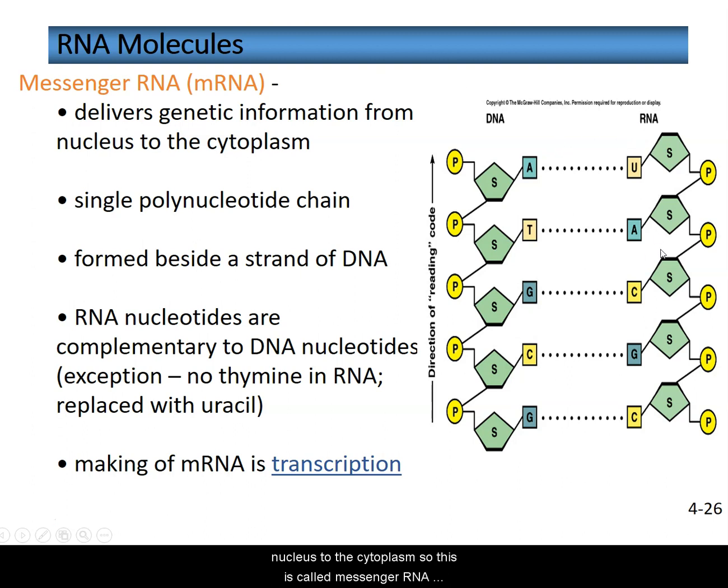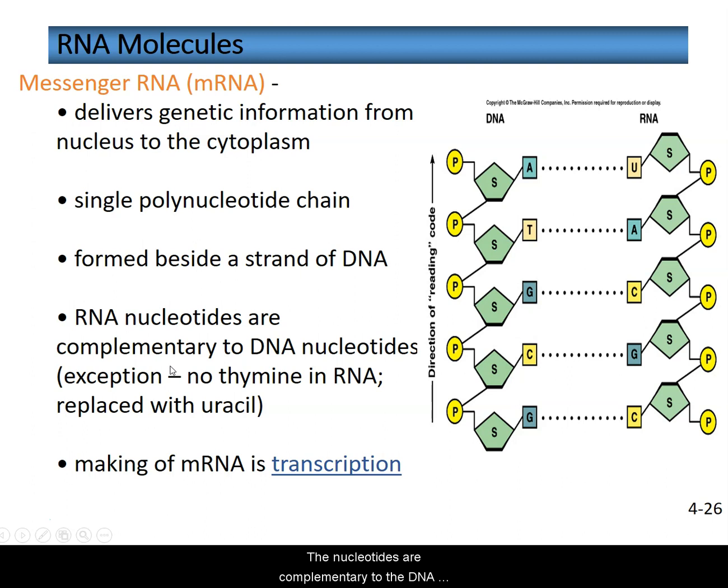Once this strand has been fully built and it has the map, it has the code for building a protein, it will leave the nucleus and go out into the cytoplasm as a single polynucleotide chain that's formed complementary to a single strand of DNA.